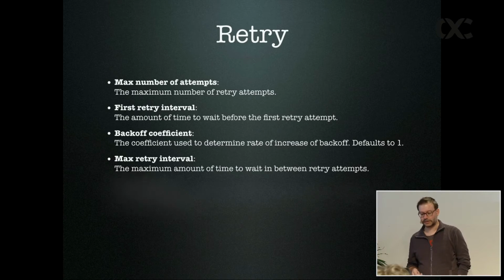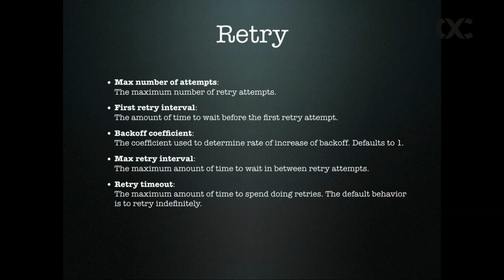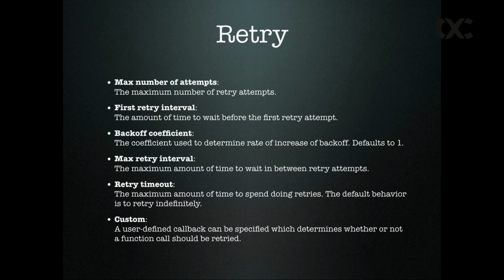Max retry interval, everything you want to have there. Retry timeout, and custom. You can say, just in case, call me, and in that case, I will decide if we do a retry or not, depending on the error, or I don't know. So you're fully fledged there. You just pick the retry options there, and you're pretty safe. And then you can decide on runtime: do you want to retry, or how many, how often, and all the options there. That's pretty convenient.